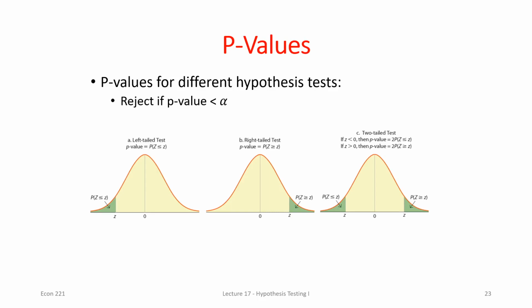Okay? And essentially what that means is, when we set alpha, we said that was the amount of type 1 errors we wanted to make. Or think about it differently, if the probability of seeing the sample mean that we did was less than, say, 5%, then we're okay rejecting the null.